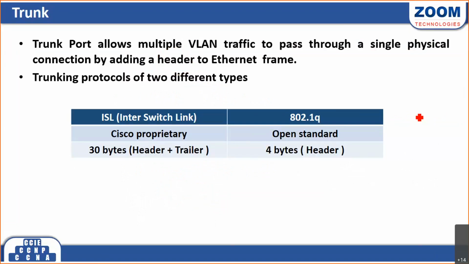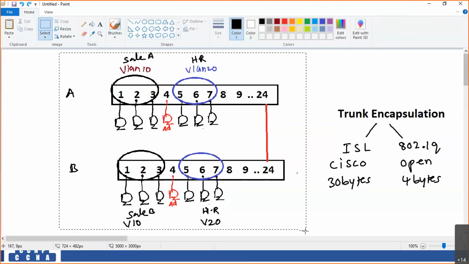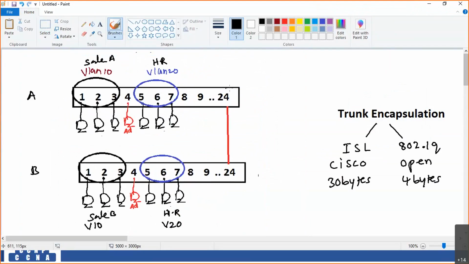But how exactly does this trunk protocol work in allowing multiple VLAN traffic? Let's take the example of port number 24. If it is an access port, when VLAN 1 user traffic is coming, the access port will allow it because it is VLAN 1 traffic.